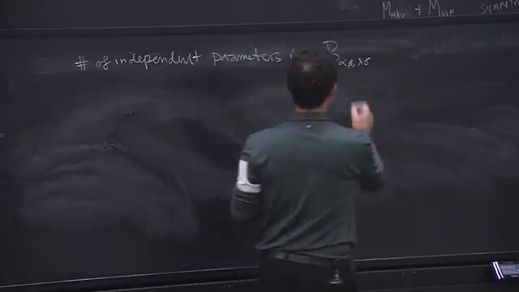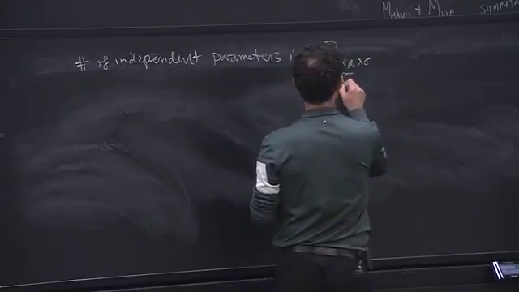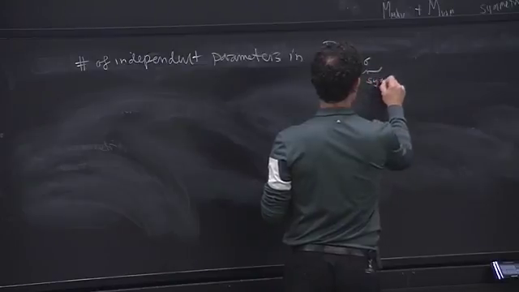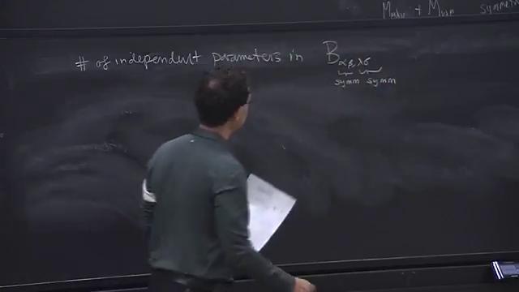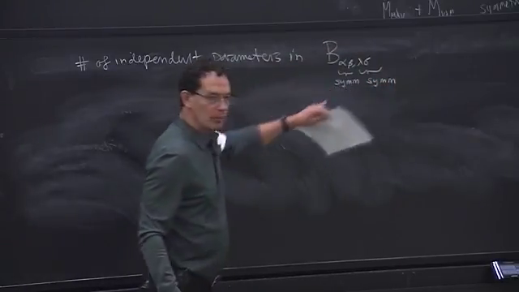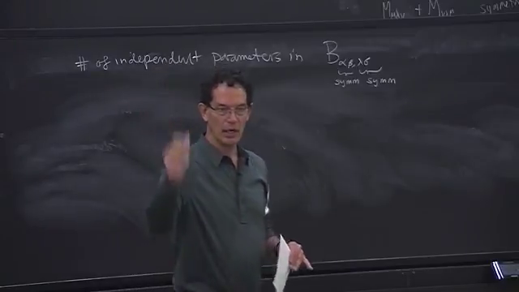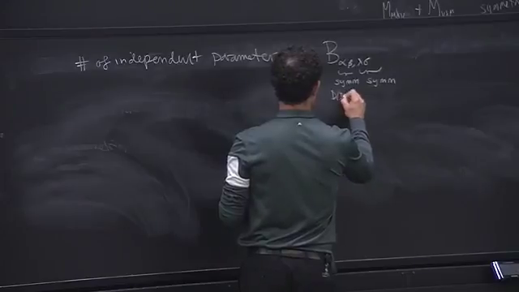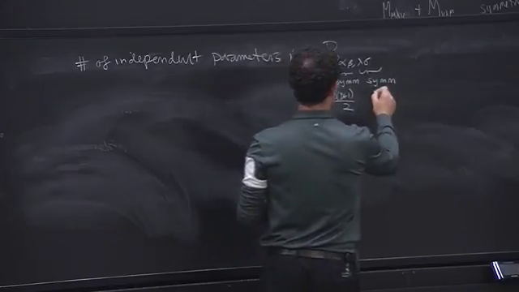Well, B is symmetric under these two indices and symmetric in those two indices. The number of components of a symmetric D by D matrix is just D times D plus 1 over 2. And this is the same.